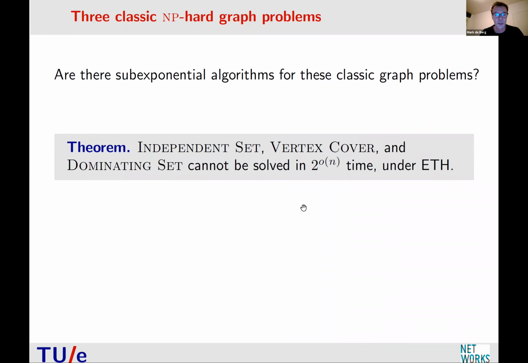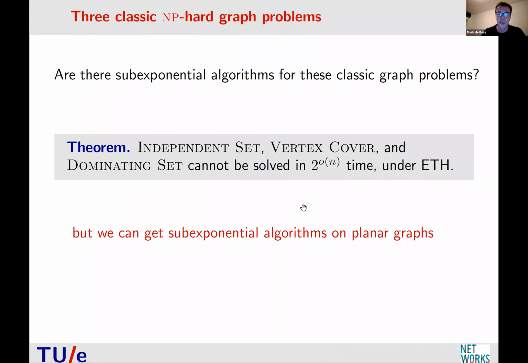So it seems that there's maybe not much possible, but actually, as soon as your graphs are planar, then suddenly you can do many things. Each of these classic problems can be solved in sub-exponential time on planar graphs. So what I want to do next is, first of all, explain a little bit about how you do that.